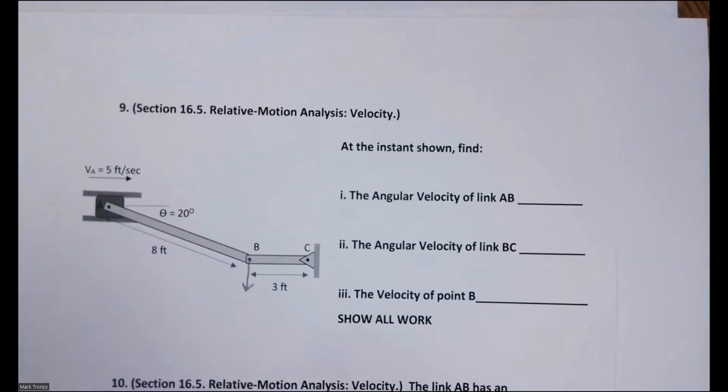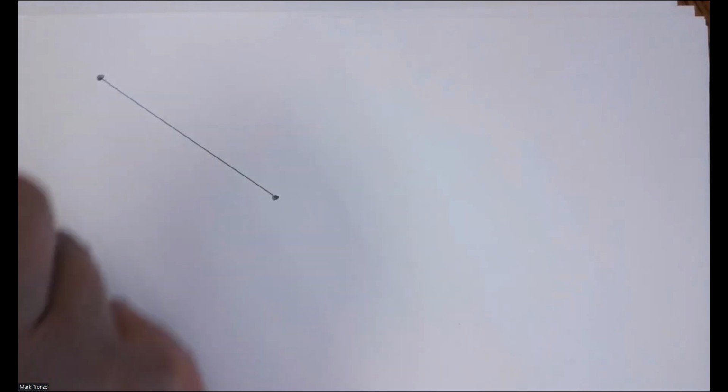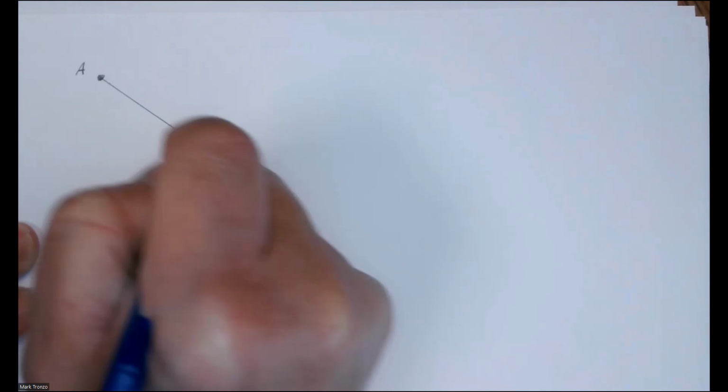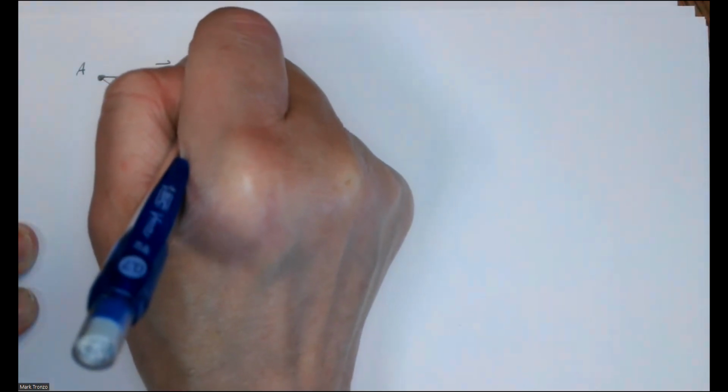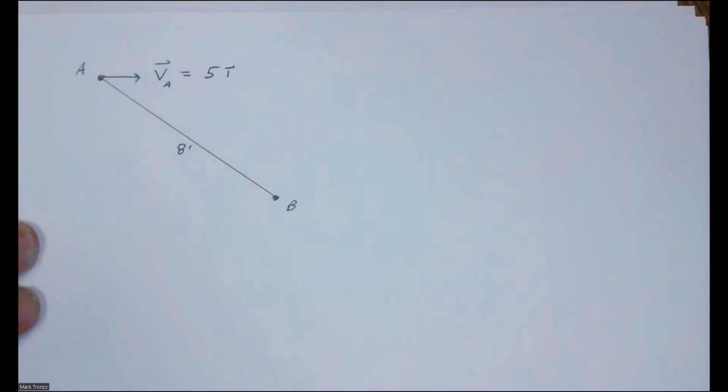Notice that the block is confined to move in the x direction. It can't go anywhere except in the x direction. So we know 5 feet per second. If we look at the length AB, and let's say this is 8 feet, we know that the velocity of A is going to be strictly in the I direction, so it's going to be 5I.